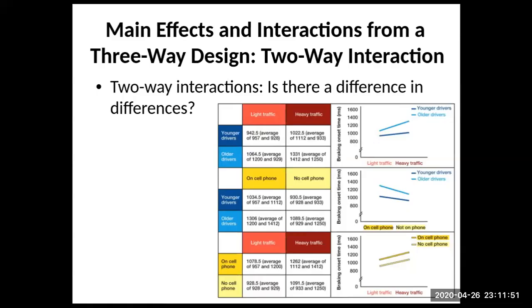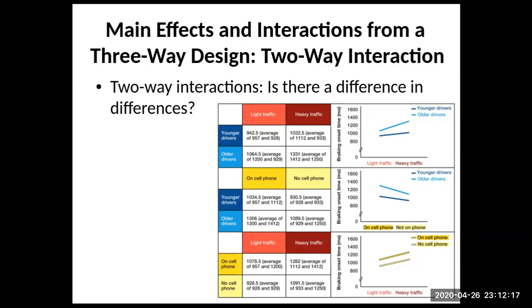That's a big difference, right? So I would say yes, that means there is an interaction. If we went down, same thing, 1,034.5 minus 1,306, or 930.5 minus 1,089.5. Either way, you'd say yes. That pretty much confirms there is a two-way interaction between cell phone use and age of the driver.